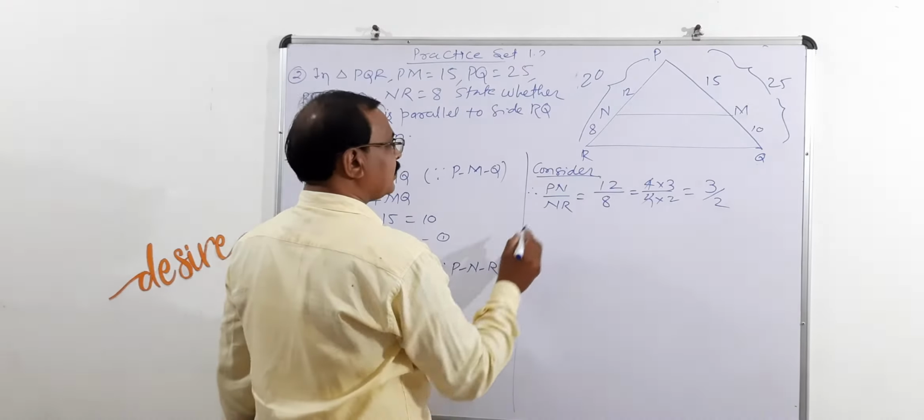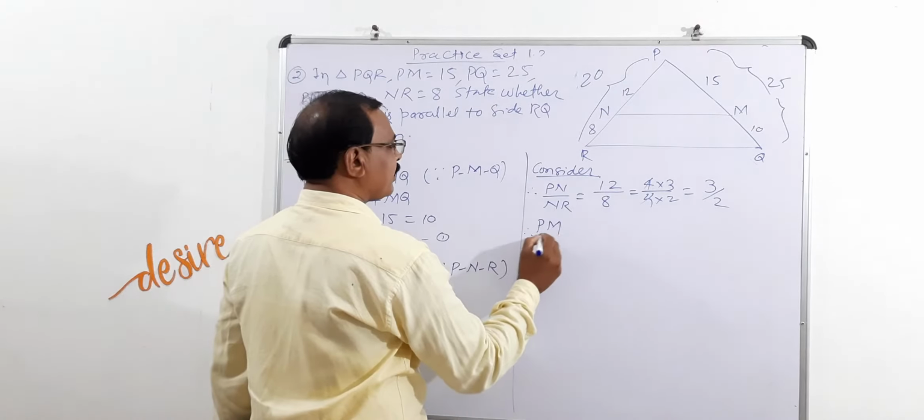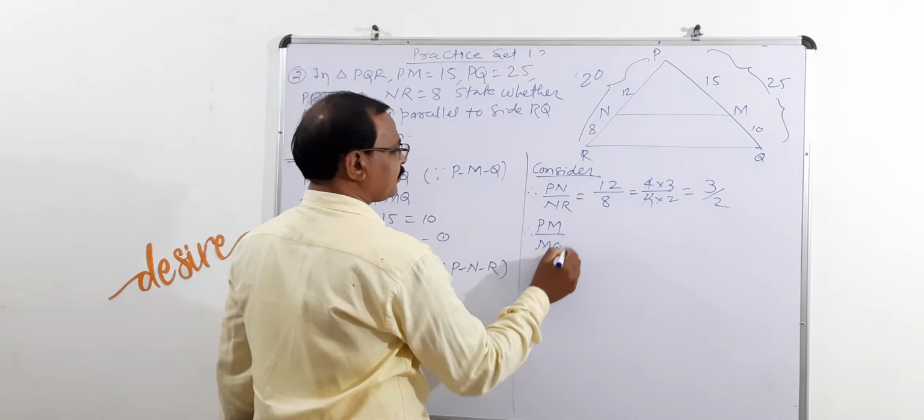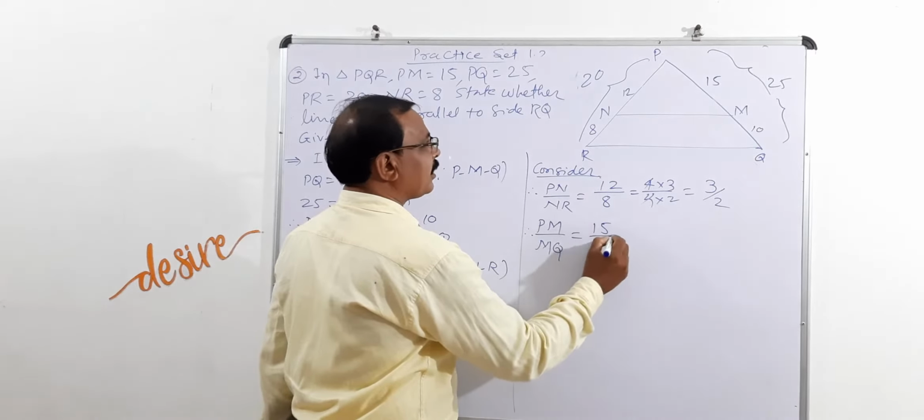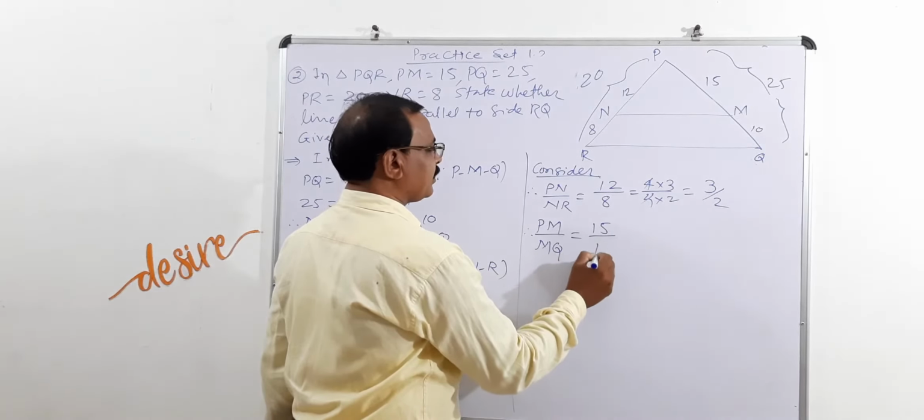Similarly, we can consider PM divided by MQ. So value of PM is equal to 15 and value of MQ is equal to 10.